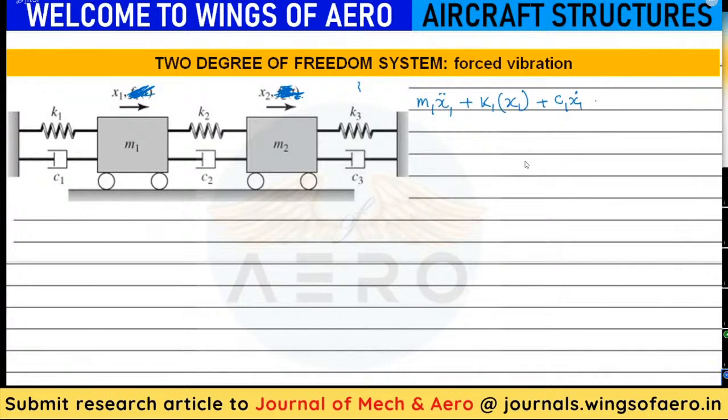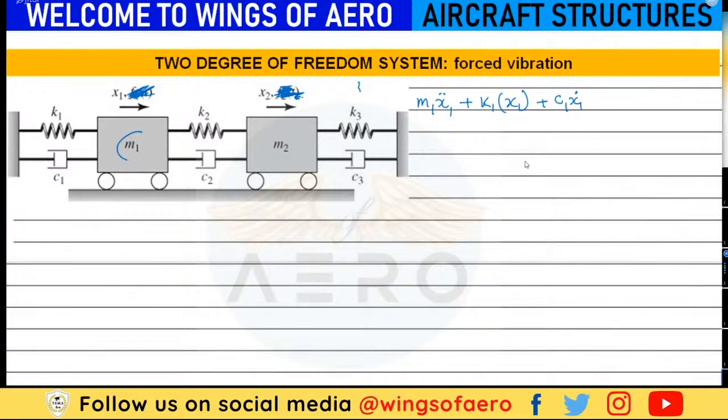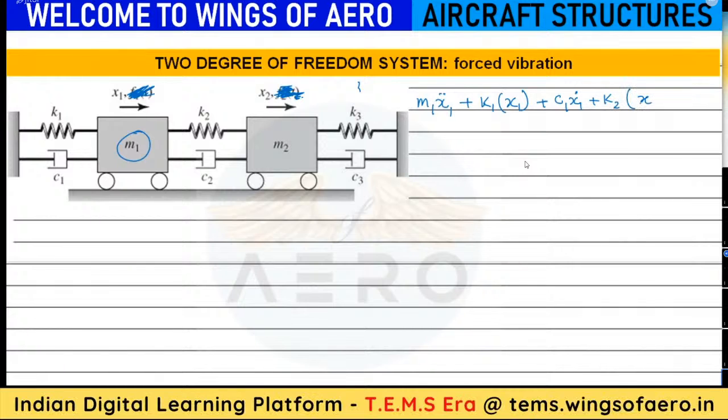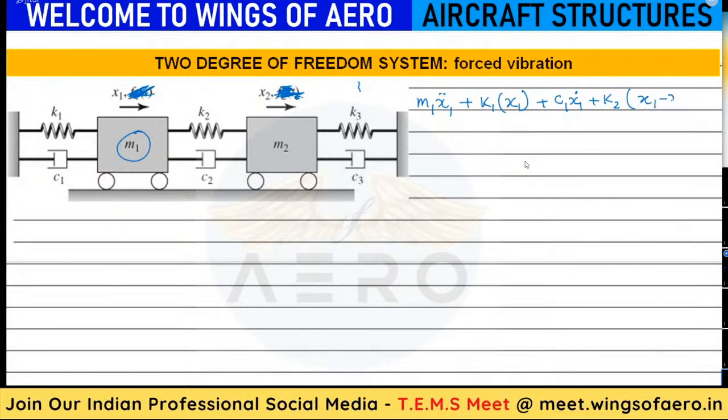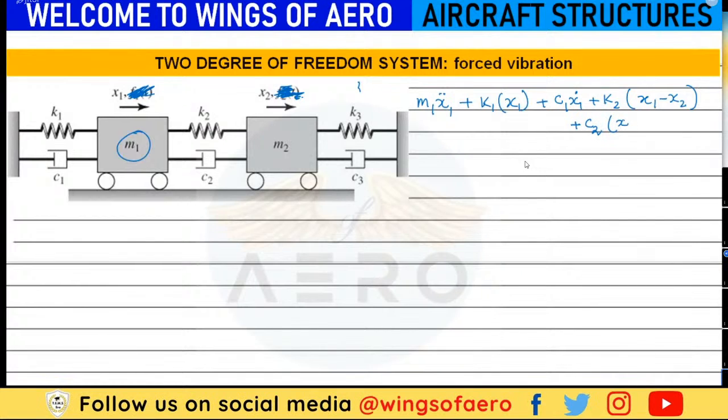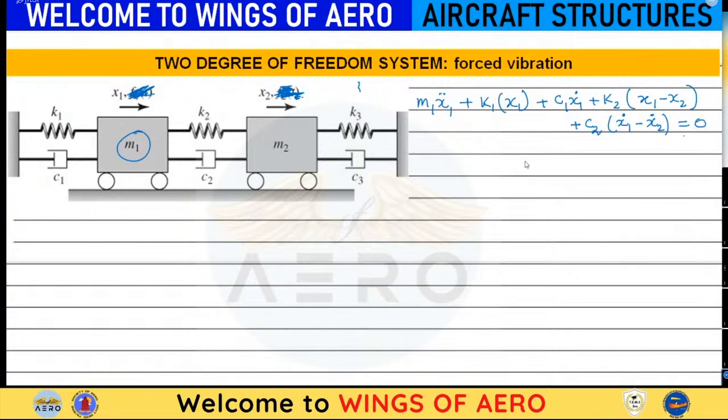Then mass 1 is also in connection with K2. It's K2 into x1 minus x2, and then plus C2 into x1 dot minus x2 dot equals 0. So this is equation 1.